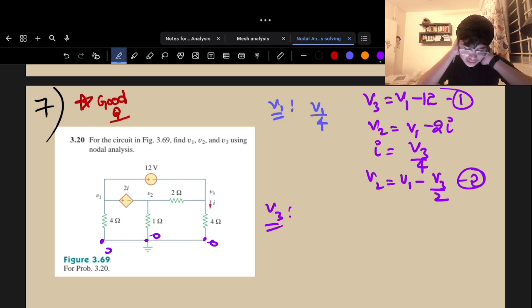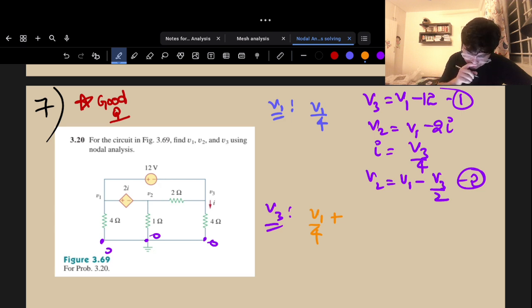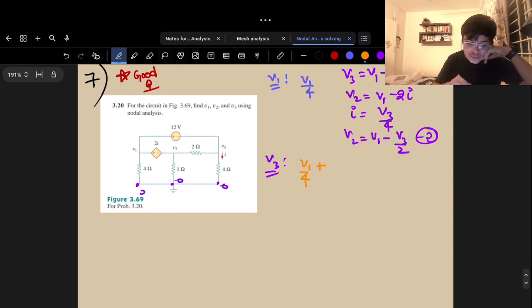So let me still try to think of some other way if there is any possible way. Now you have to assume one supernode. Say I'm considering this particular closed region. So let me write the equation, V1 by 4 plus, so let's say, hmm, okay, let me come back if I'm not getting this particular approach.